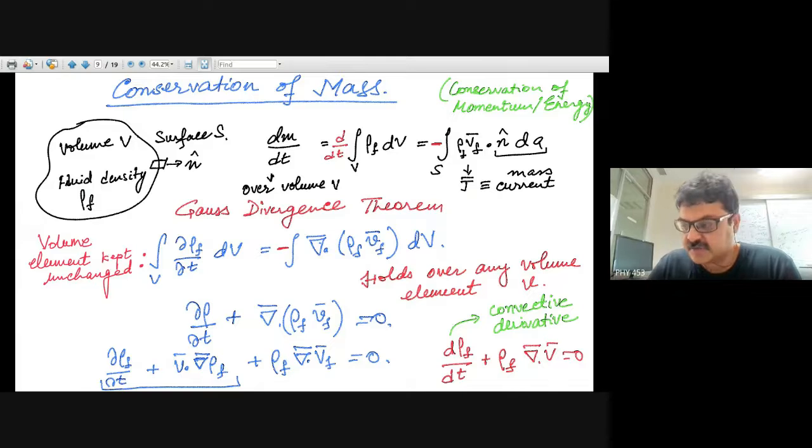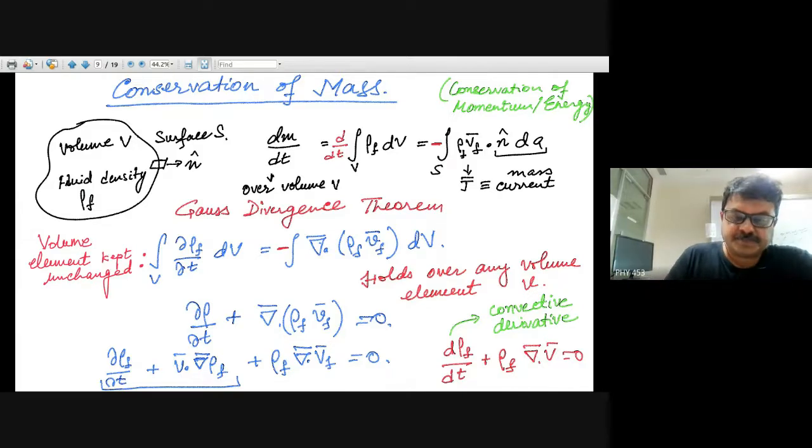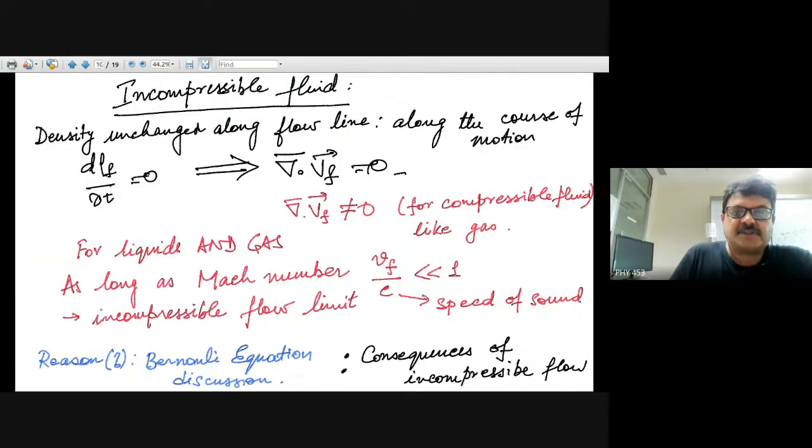It's not changing over the fluid element. And then if the convective derivative of density is 0, as a consequence divergence v f is also equal to 0, because rho f is not 0.